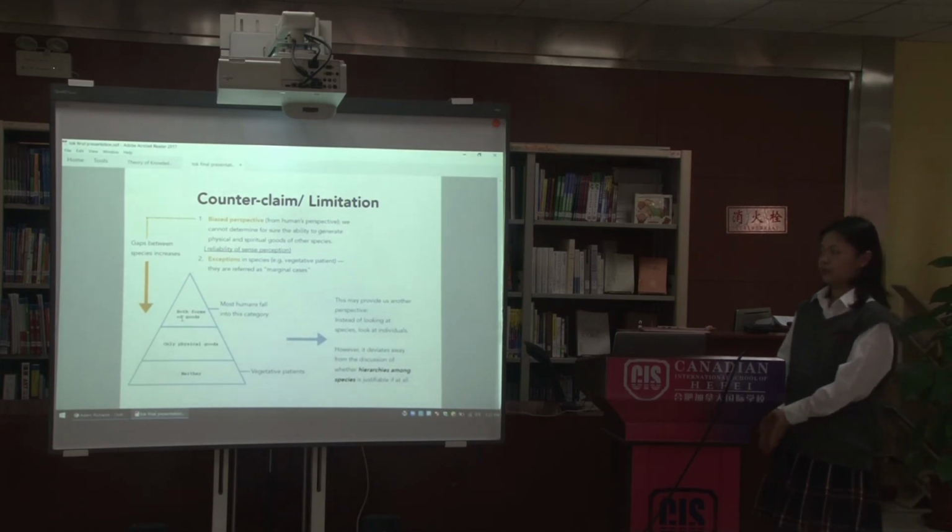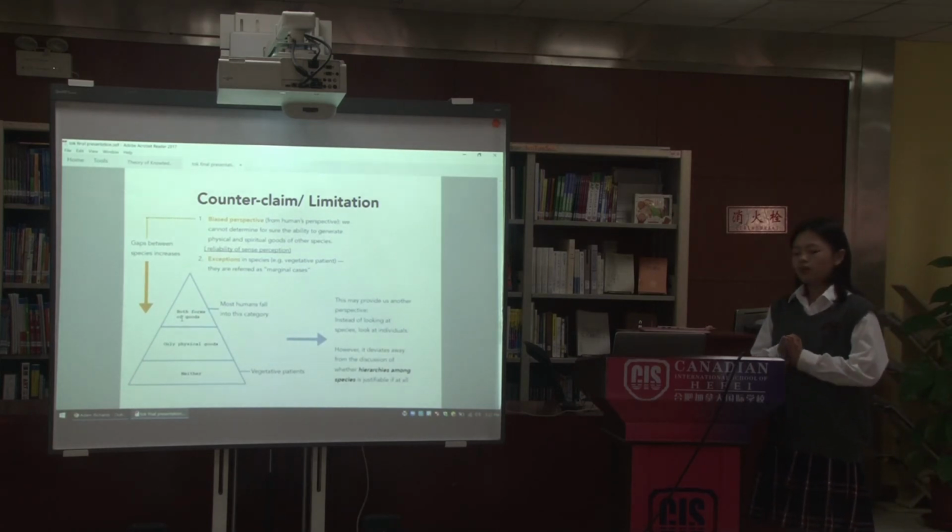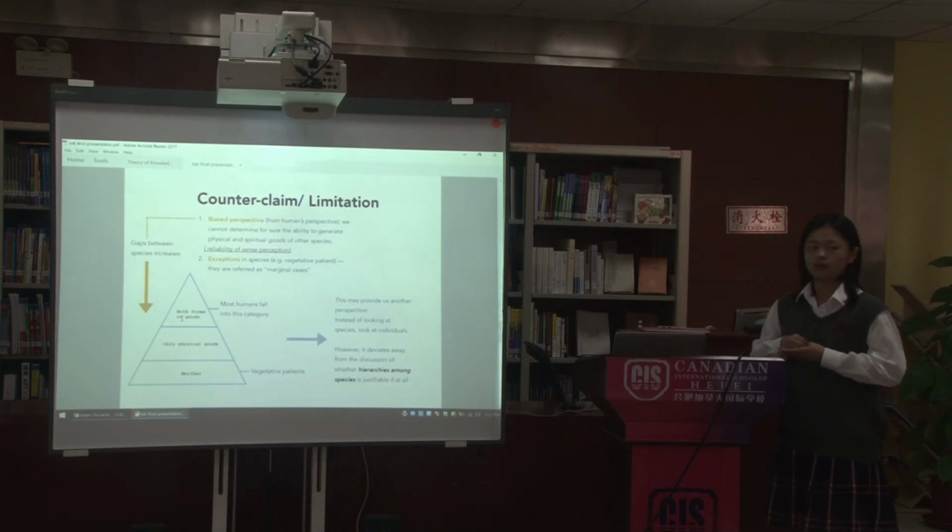The greater the gap between species, the harder it is for us to empathize with another group of members. For example, it is easier to empathize with another human being than with the feelings of a chimpanzee, and it's easier to empathize with a chimpanzee than with a mosquito.